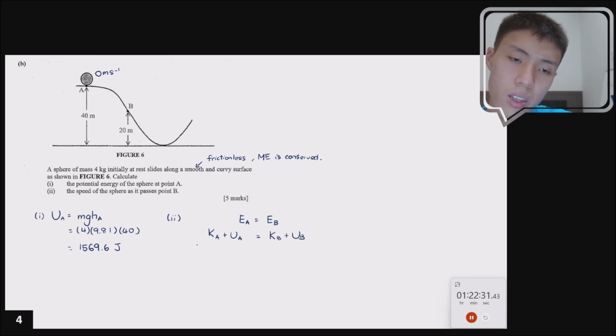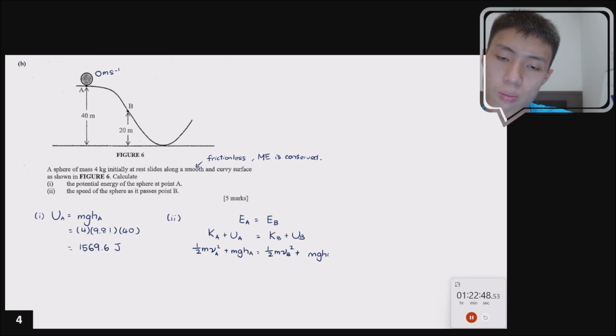If you break it open, kinetic energy is half mv squared, where this is the velocity at point A, plus mgh, the height at point A. Then you have half mv squared, the velocity at point B, plus mgh, the height at point B. Now we have everything already.